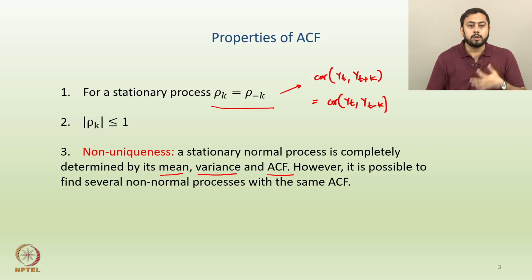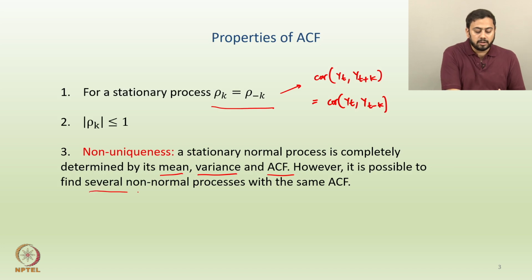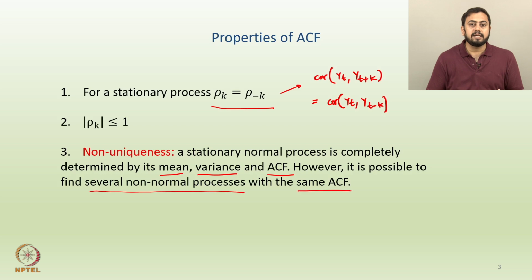However, if you have a non-normal process, which is not normally distributed, then one can find several such non-normal processes with the exact same ACF, the exact same autocorrelation structure. So to summarize this third point, I can bring to the table multiple non-normal time series processes having exactly the same autocorrelation function.